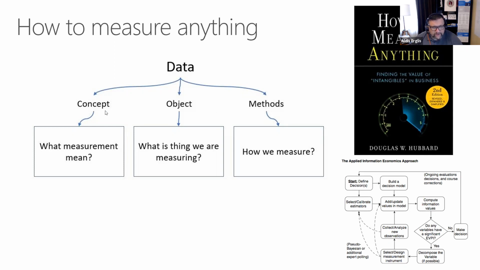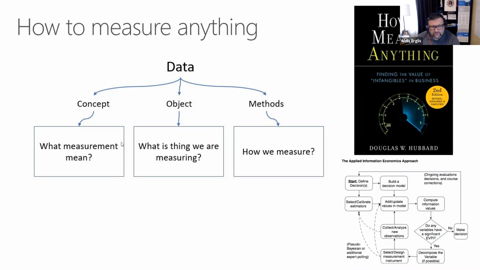Concept, object, method: the concept of measurement. When we look at any data, for example, imagine you have a list of transactions from an eShop, an electronic shop. You need to understand what this measurement means. Is it basket items? Orders? Late orders, new orders, last orders?